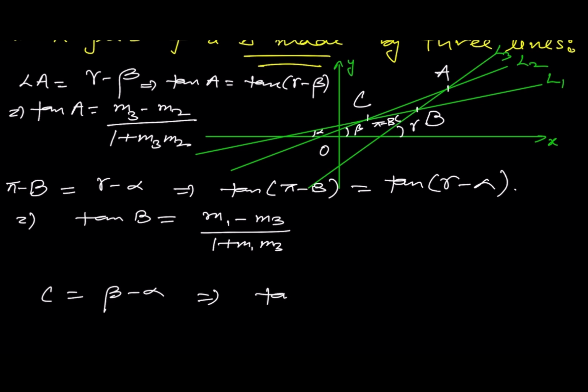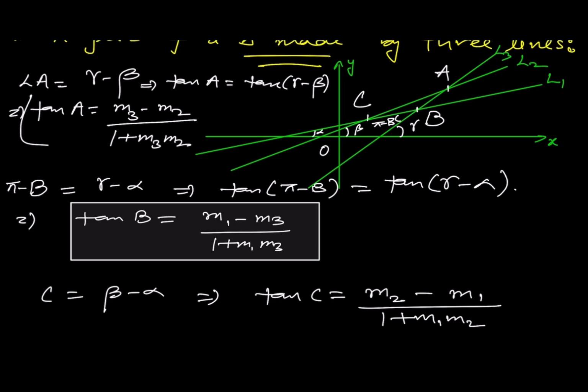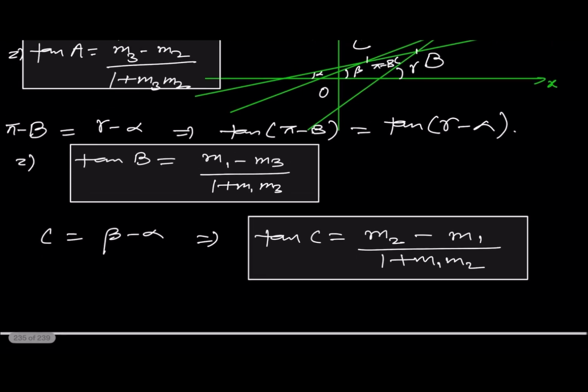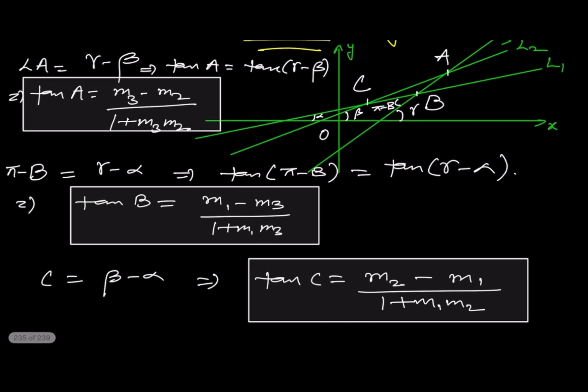So tan C becomes (m2 minus m1) upon (1 plus m1 m2). So here are these three angles. In the exam, obviously we are not going to find them through this method.